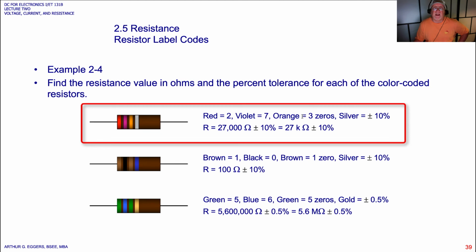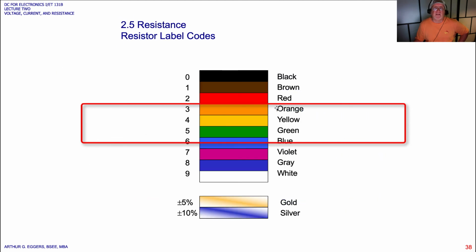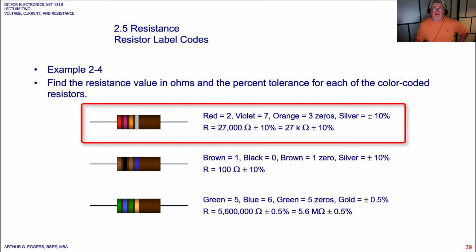And then the next band, orange, is telling us that we have 3 zeros in this case, or 10 to the third. And then a silver band is plus or minus 10%. So when we take 27 times 10 to the third, or 3 zeros, plus or minus 10%, we get this value for our resistor.